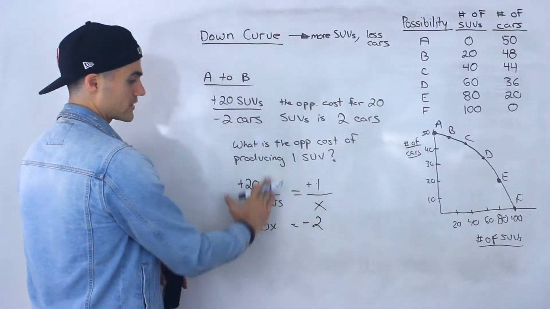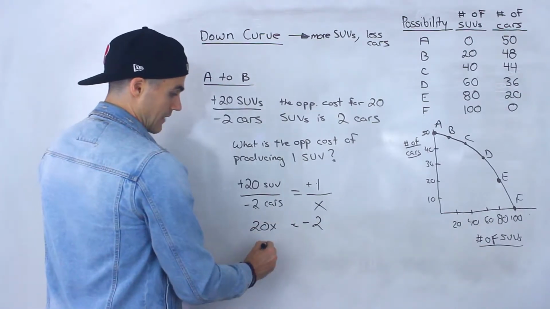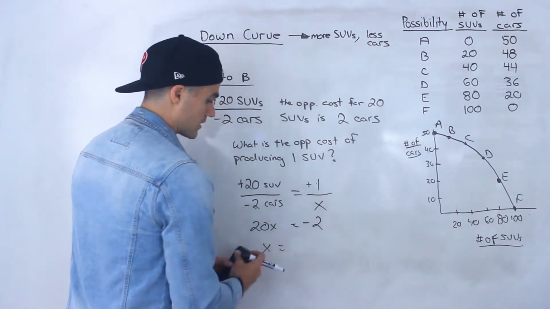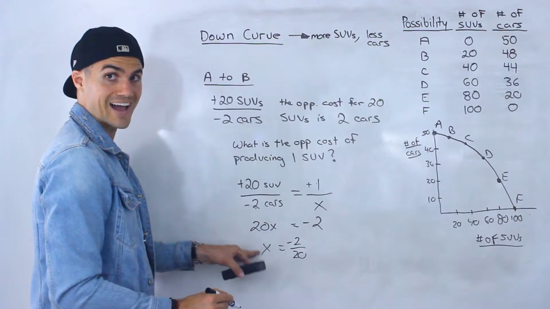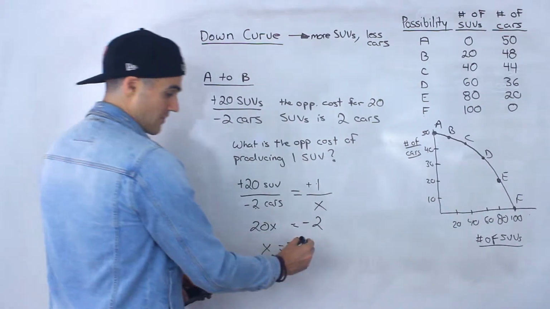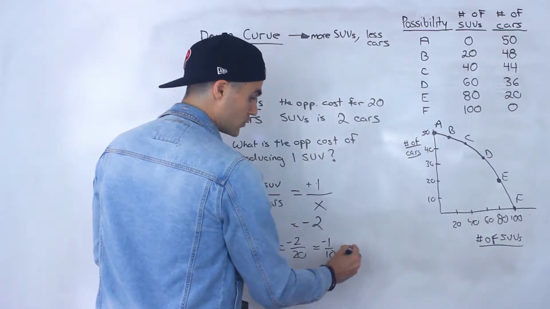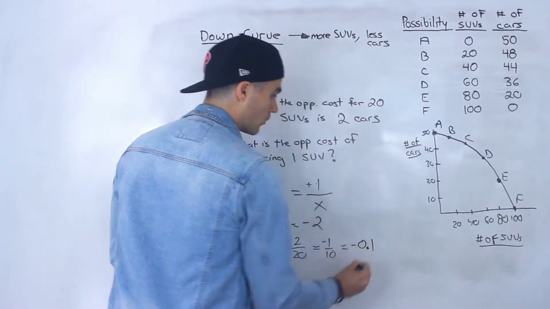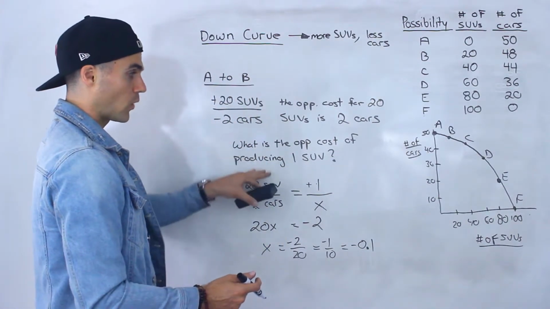You can erase these words here if you could see that better. And then X would equal negative 2 over 20. We would divide both sides by 20 to isolate for that X. And this would simplify to negative 1 over 10. Or if you want it in decimals, negative 1 over 10 is the same as negative 0.1. So what is the opportunity cost of producing 1 SUV?